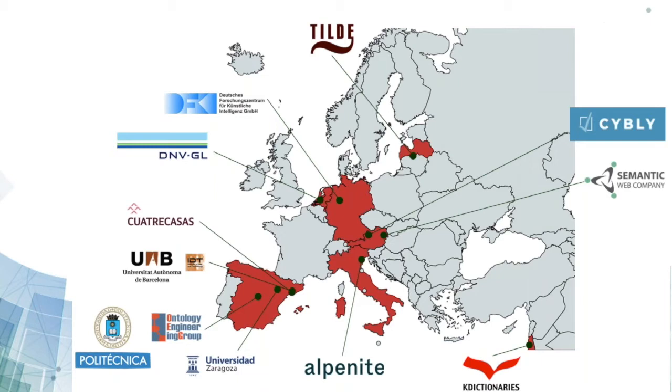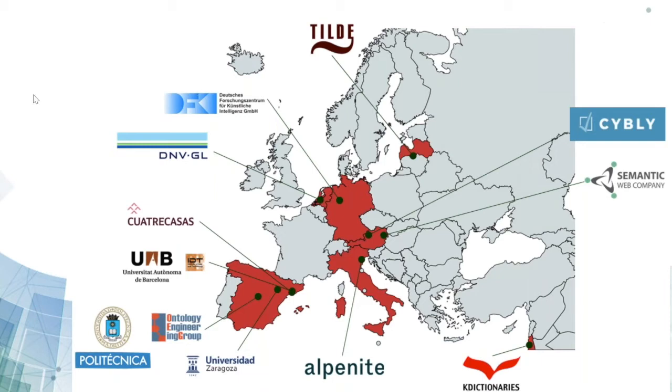Then we have 3 universities in the consortium, which happen to be 3 Spanish universities, the Universidad Politécnica in Madrid, coordinators of the project, the University of Zaragoza and the Autonomous University of Barcelona. And also from Barcelona is the next partner in the consortium, the international law firm Quatre Casas.